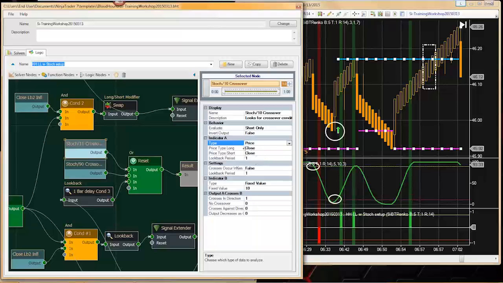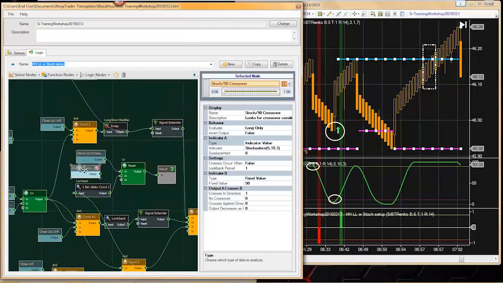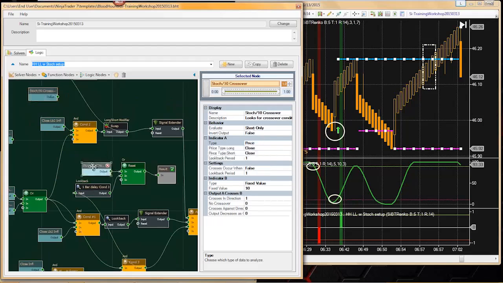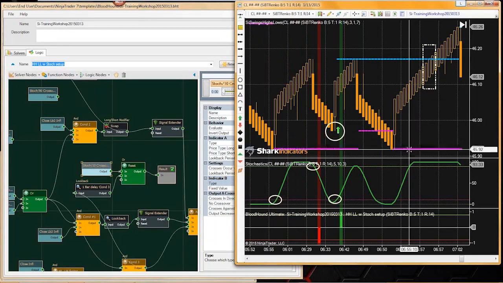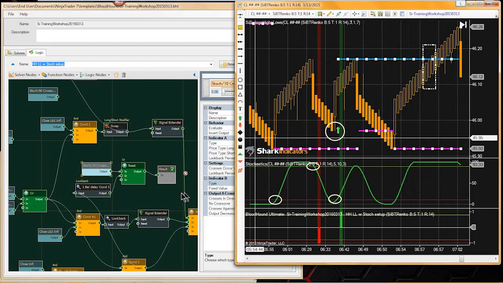All right, so we're going to be looking at the closing price, and actually, you know what? Actually, I think I do only need one crossover. Move that guy out of the way. All right, so we're using the closing price, and we're looking for it to cross our swing high-low plots. We're looking for it to cross our swing low or our swing high plot.